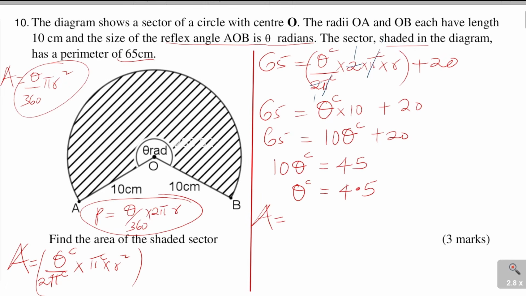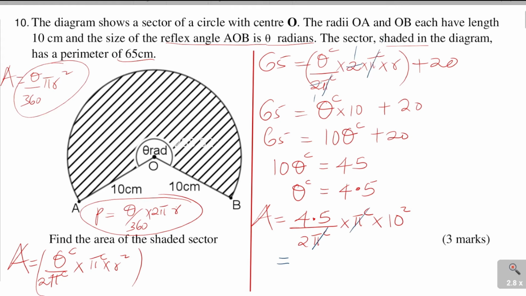Once you get that, now we can get the area. The area will be given by theta radians, which we already got as 4.5, divided by 2 pi radians times pi radians times radius squared, which is 10 squared. The radians cancel, and 10 squared is 100.